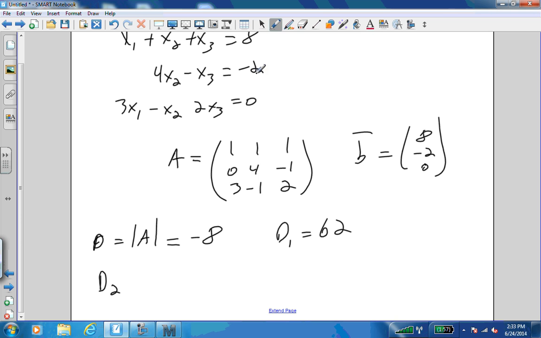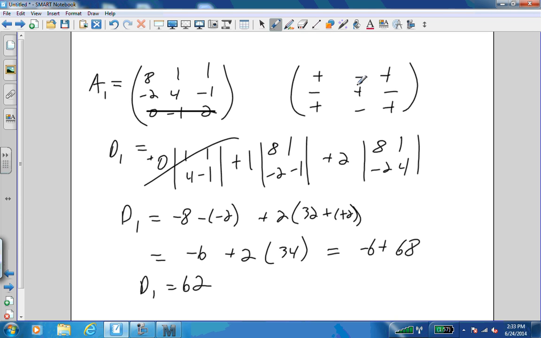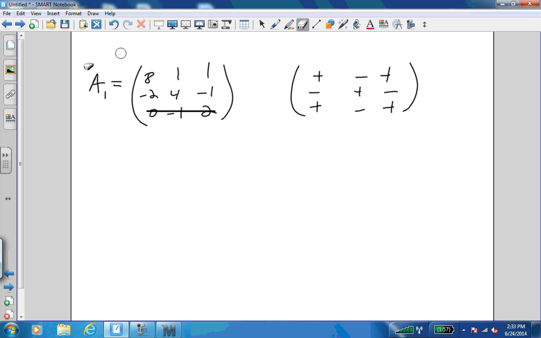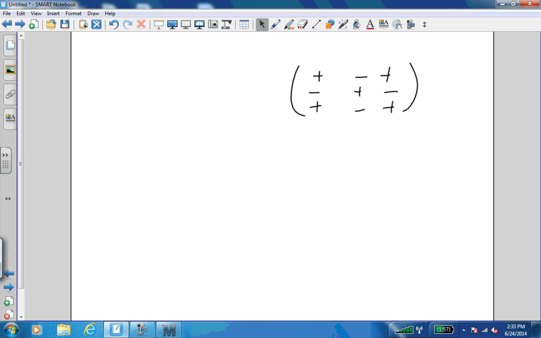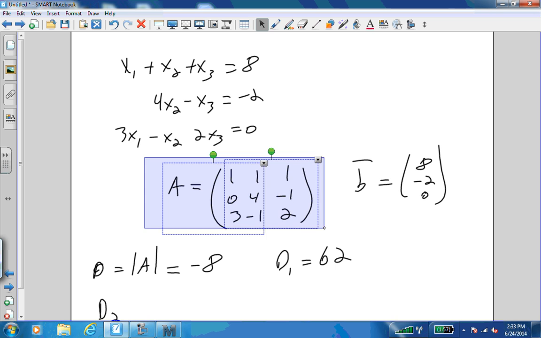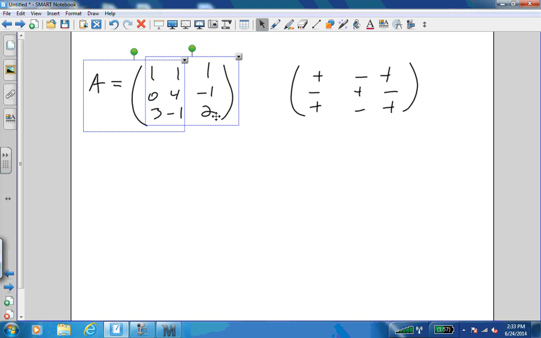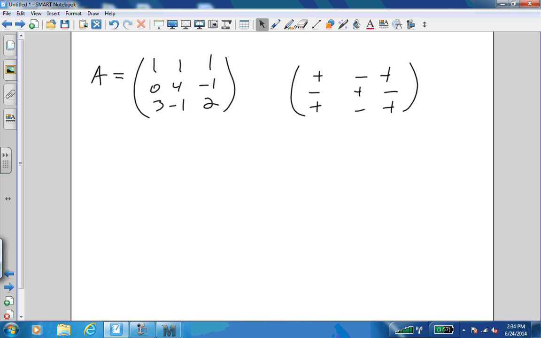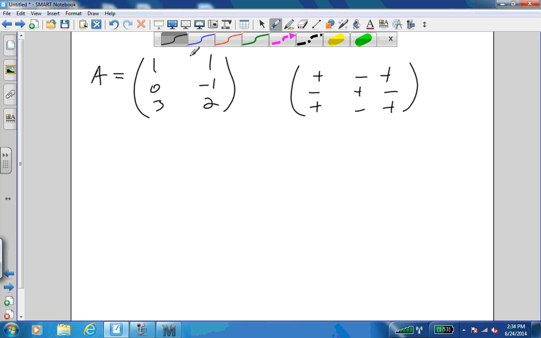So D2, let's change this back to A. So if that's A, D2, we're going to replace column 2 with B. So 8, negative 2, 0.